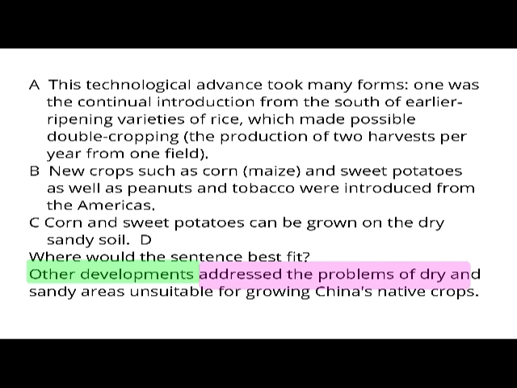So the sentence that follows the target sentence must talk about some examples of this development. So the target sentence should come after some type of development and before the development relating to farming in dry and sandy areas. With this information, let's look at the passage.